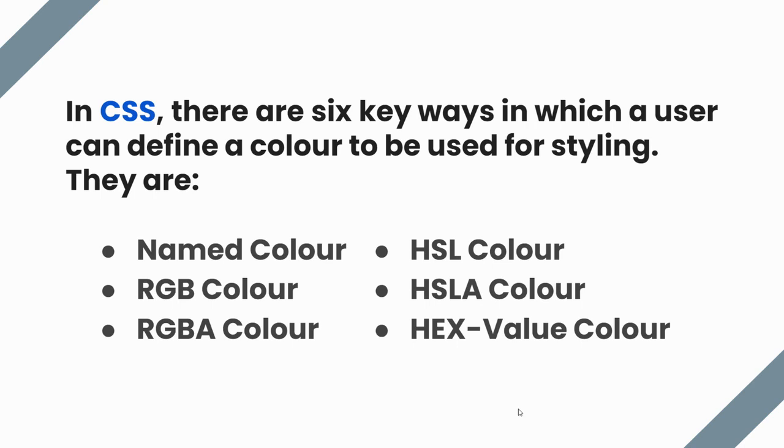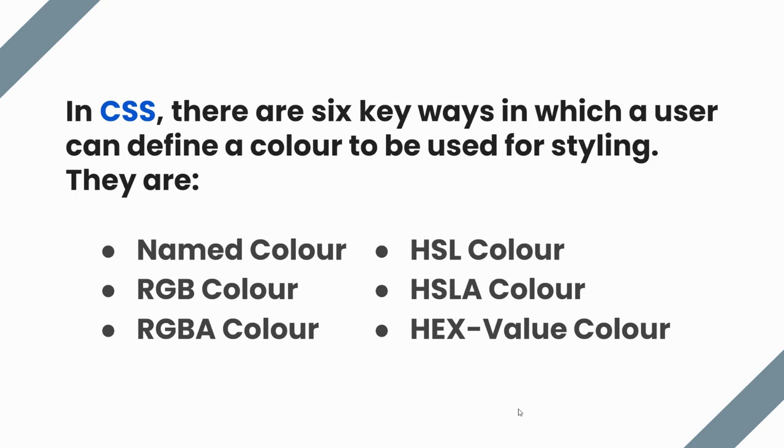So as you can see, the very first method we have here is the named color method, which is followed by the RGB color, then the RGBA, then the HSL color, which is followed by the HSLA and the Hex Value Color. So like I said, these 6 methods of color definition are actually good, but then some of them are more precise than others.